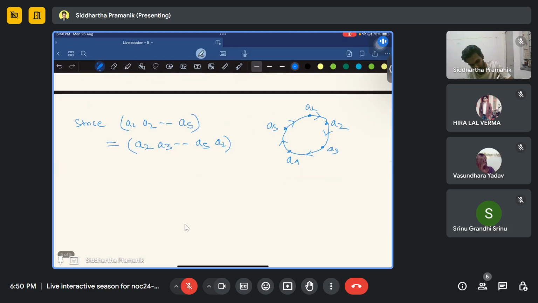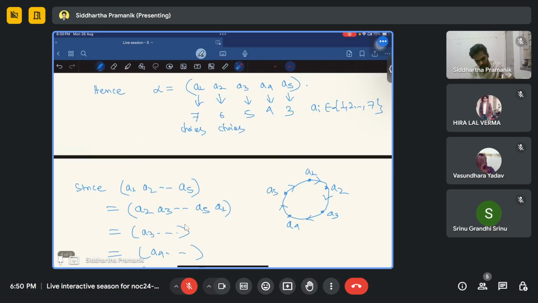We can start with a2, a3, a4, or a5 also. So there are 5 ways, and all these 5 cycles are the same.